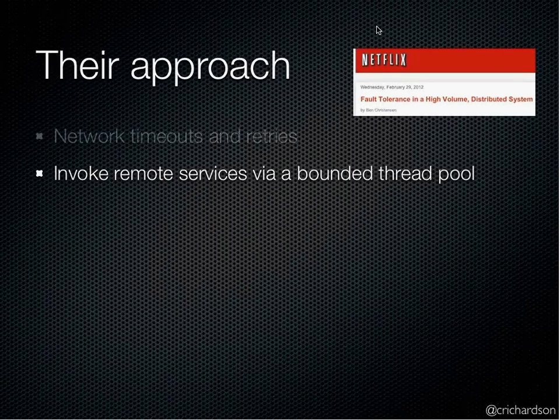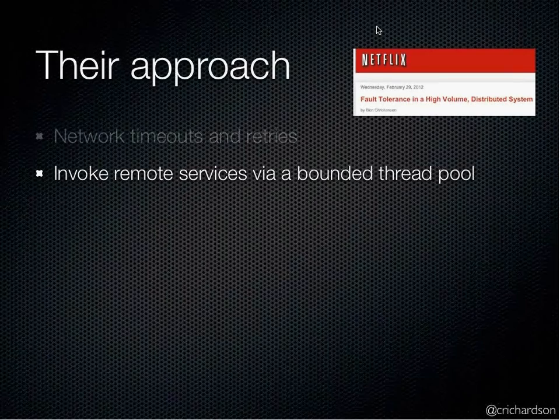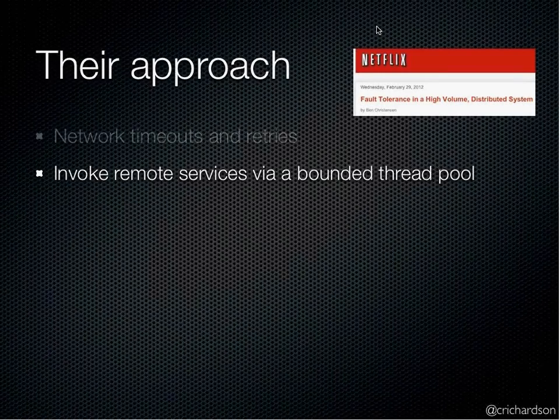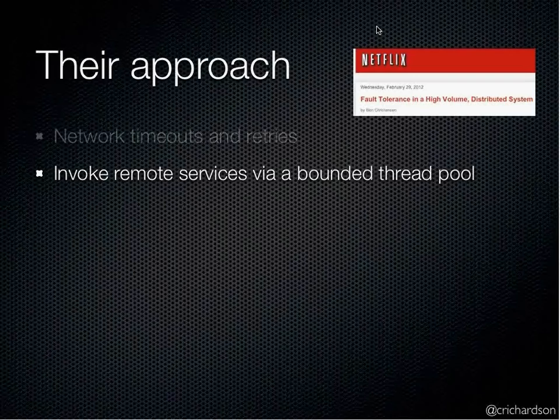Another strategy they use is that they always invoke a remote service via a bounded thread pool. So in other words, when service A calls service B, the application code doesn't do that directly. Instead, it submits a callable into a bounded thread pool, and then the callable makes the request to B. And that has a number of benefits. Number one, it actually limits the number of outstanding requests.